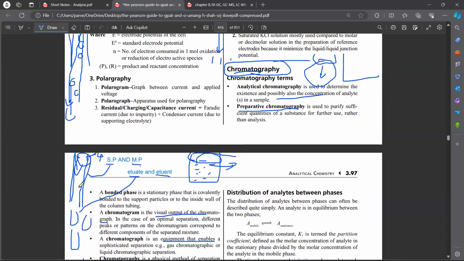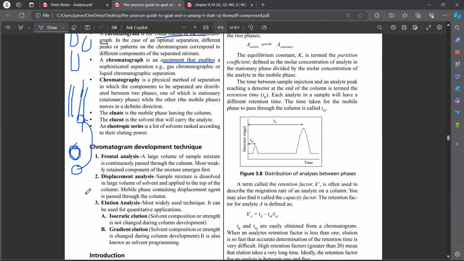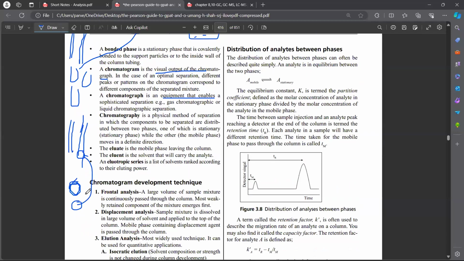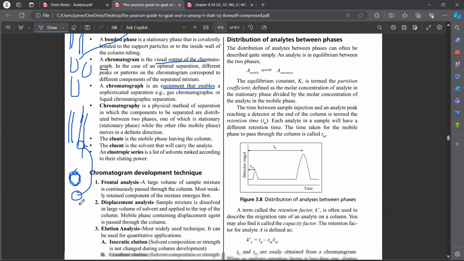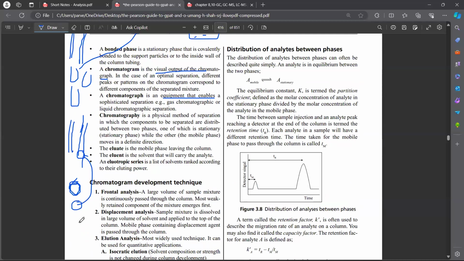Another one is size exclusion chromatography. In size exclusion chromatography, the molecules are separated based upon their size and molecular weight. Here the whole column is packed with a gel, basically very porous particles.